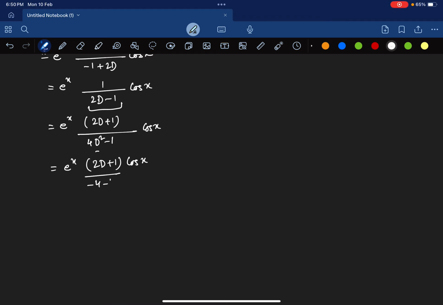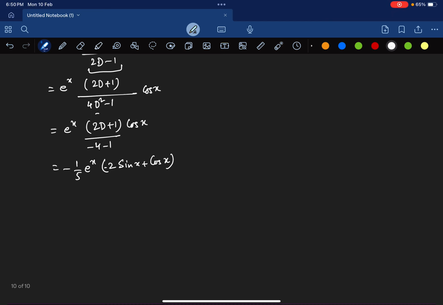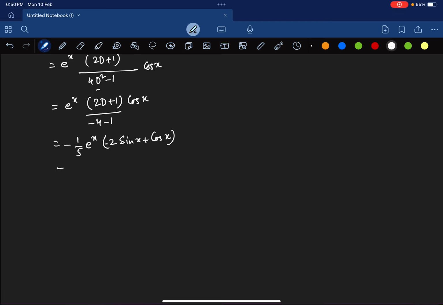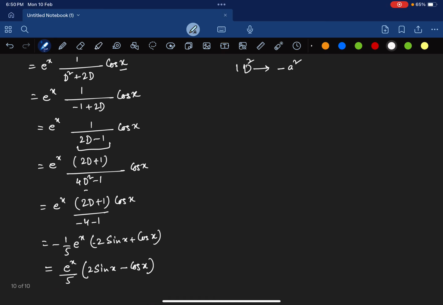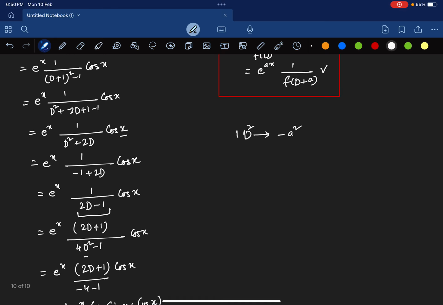Here you have minus 4 minus 1, that is nothing but minus 5, so 1 by 5 e power x times 2 times the derivative of cos x, that is minus sin x, plus cos x. So in the next step, what you have is e power x by 5 (2 sin x minus cos x). So this is going to be your yp.